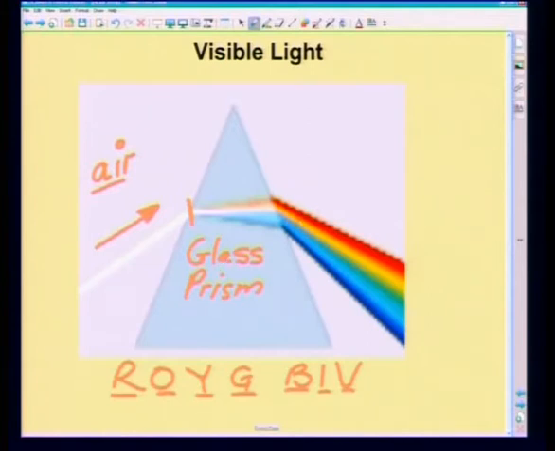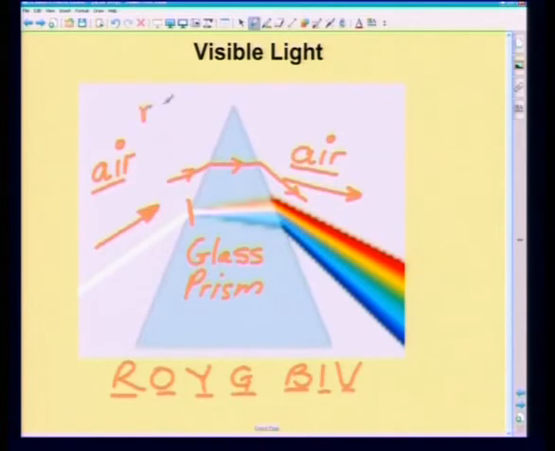Then when it leaves here, it leaves the glass prism back into air. But something has happened. When it enters the glass prism, we see it dispersing. If we were to use scientific terms, we see here that the light sort of bends, if you like, in that kind of fashion.